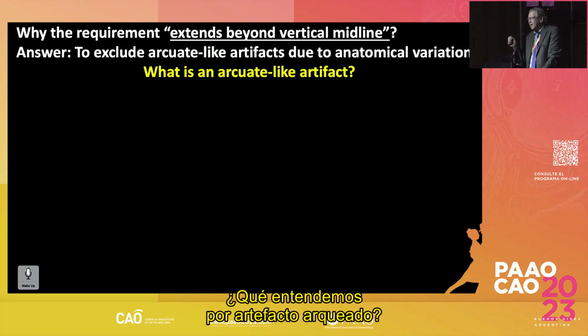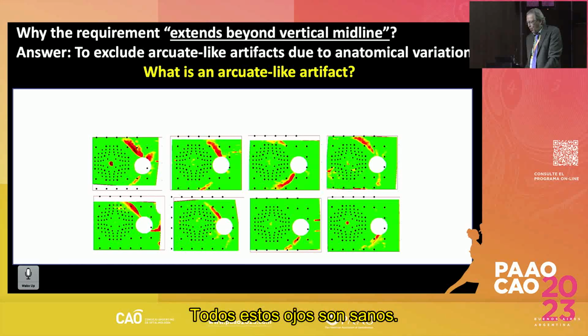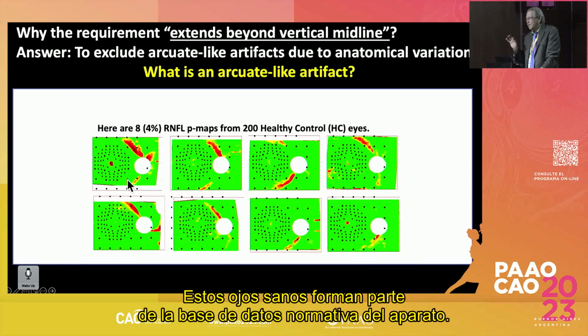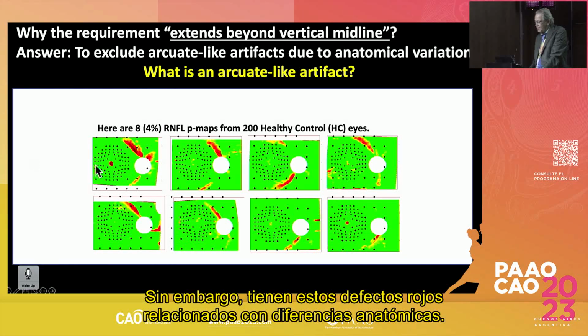So what do we mean by an arcuate-like artifact? These are all healthy eyes. These healthy eyes, in fact, are part of the normative database in the machine, yet they have these red defects that have to do with just normal anatomical differences.